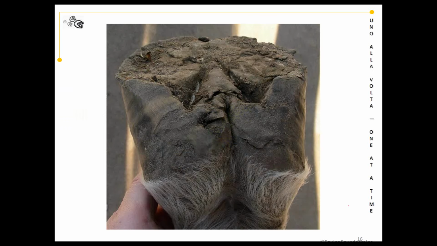How can we prevent contraction in the first place? A horse with insufficient movement and or unnaturally soft terrain will develop contracted hooves. No movement, soft terrain will develop contracted hooves.